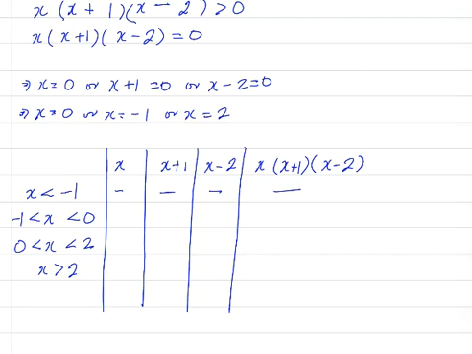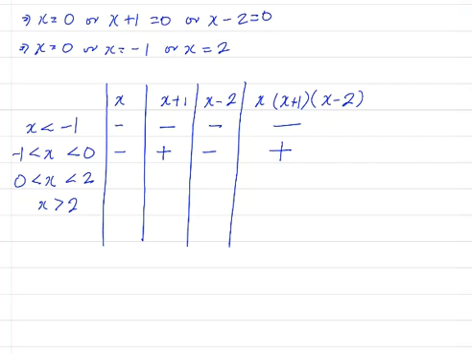If x is between minus 1 and 0, for example minus a half, x is negative, minus a half plus 1 is positive, and minus a half minus 2 is negative. Multiplying two negatives, the answer must come out positive.